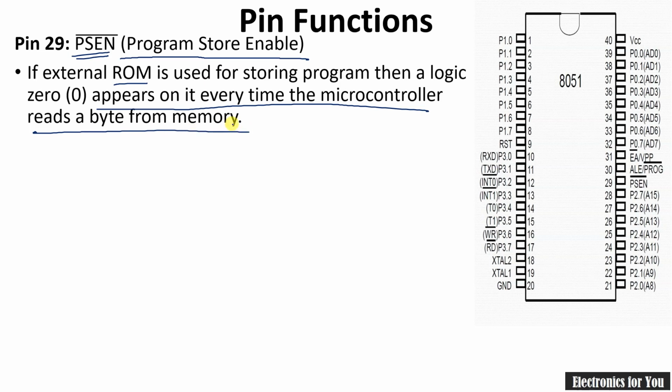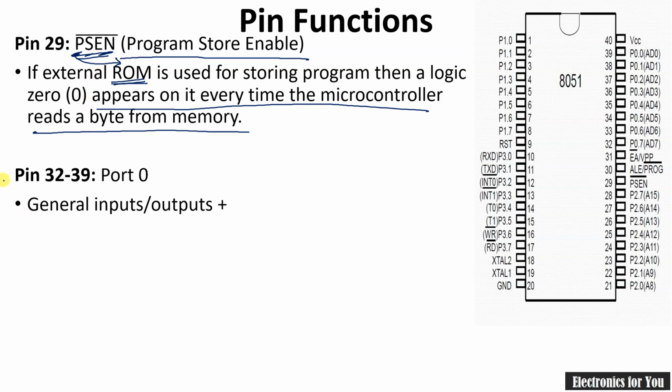It is only used whenever external ROM is connected. Note here that P stands for program, program memory is nothing but the ROM, and PSEN bar is used for this.